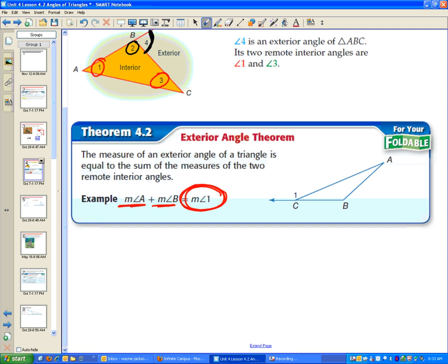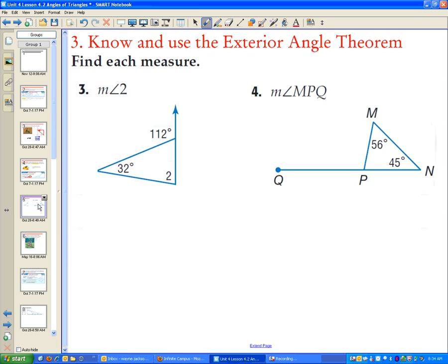Okay. Let's try a couple. So back to page 248. We're supposed to find the measure of angle 2. Well, use the exterior angle theorem. Okay? The exterior angle theorem says that the measure of the exterior angle, in this case 112, equals the sum of the measures of the remote interior angles.